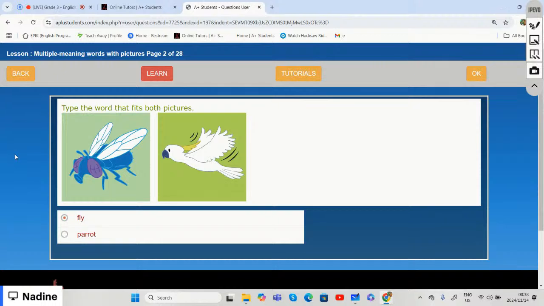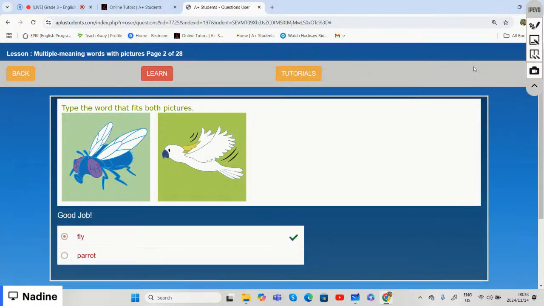So that is the two meanings of the word fly. Another word for multiple meaning words is called homographs. It is where the words have different meanings. One word can sound different from time to time, but the meaning is different. All right, so fly, because both of them can fly.